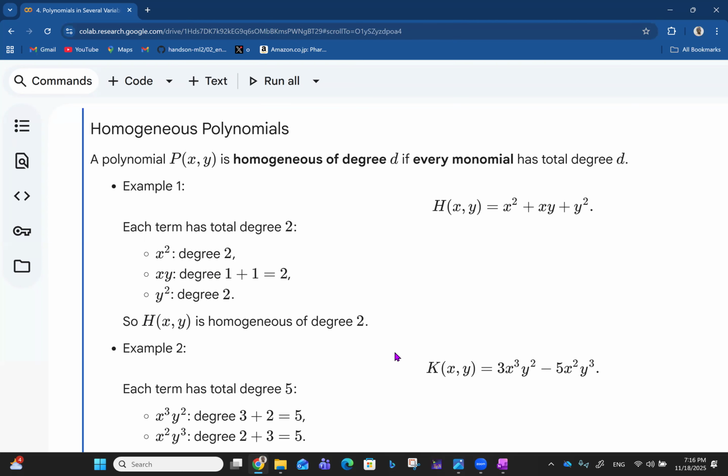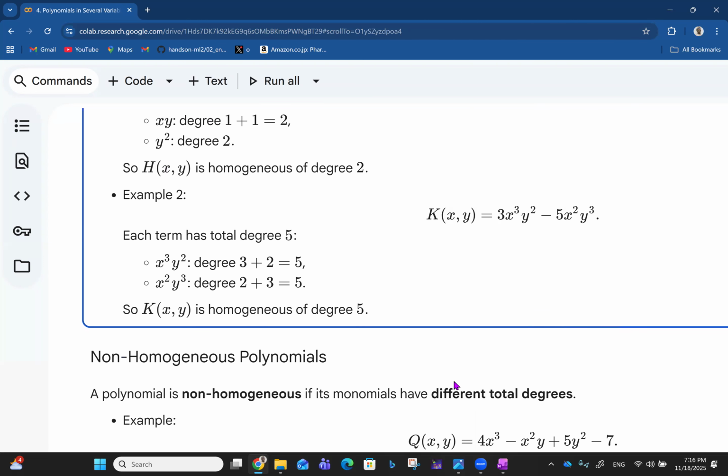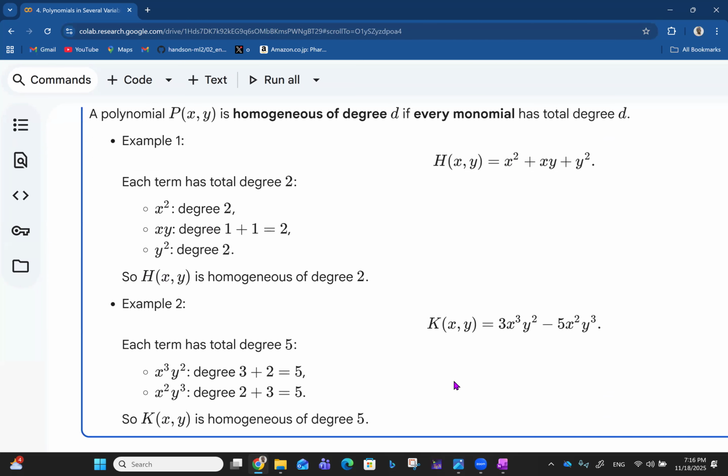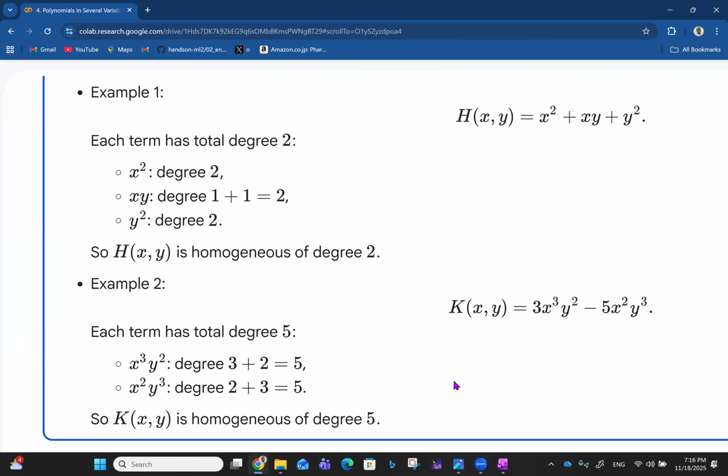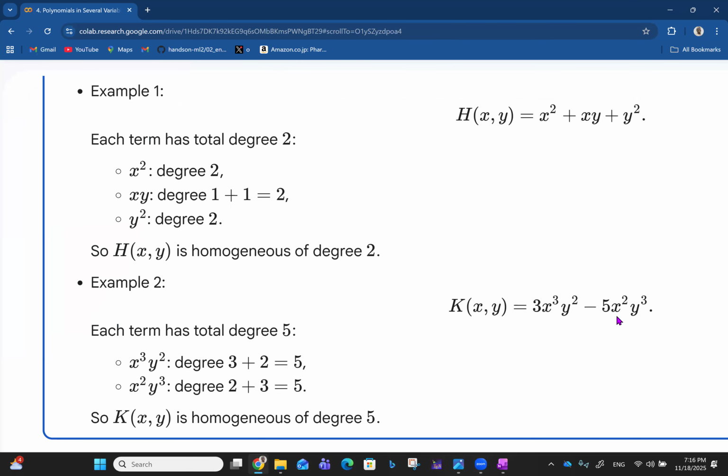Another example, you have k of x comma y to be 3x cubed y raised to 5 minus 5x squared y raised to 3. So 3 plus 2, 5, 2 plus 3, 5. Don't forget that the coefficients don't affect the degree.